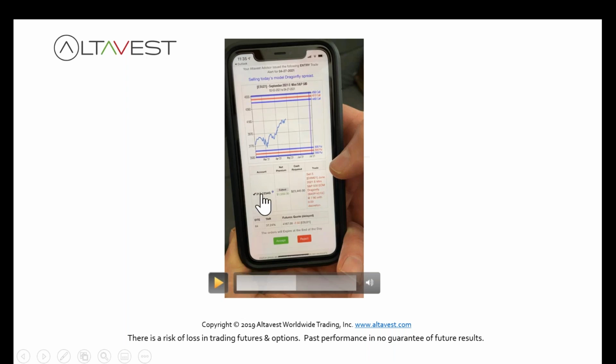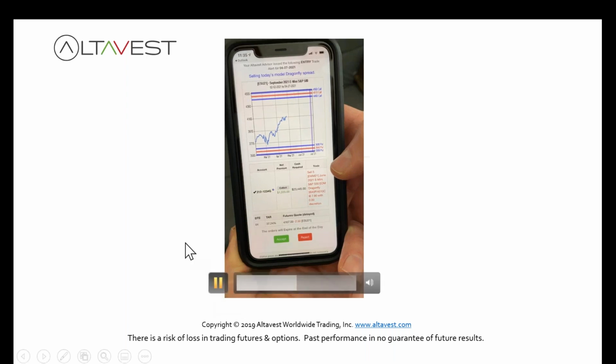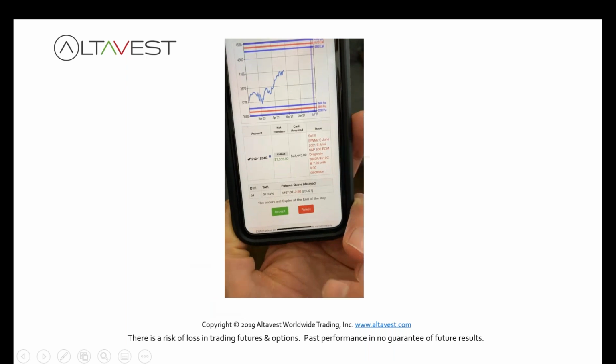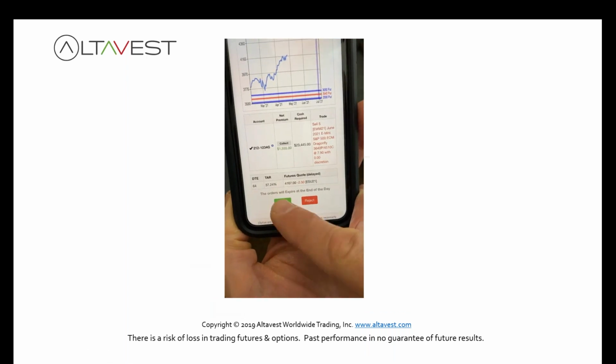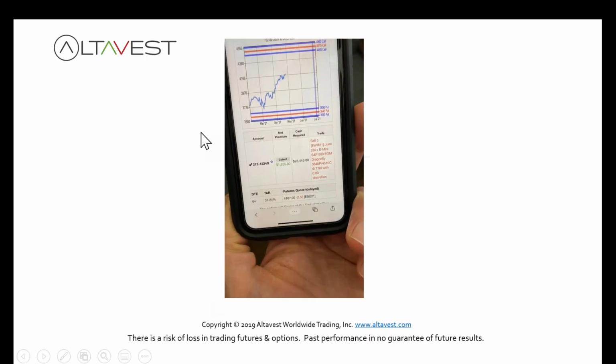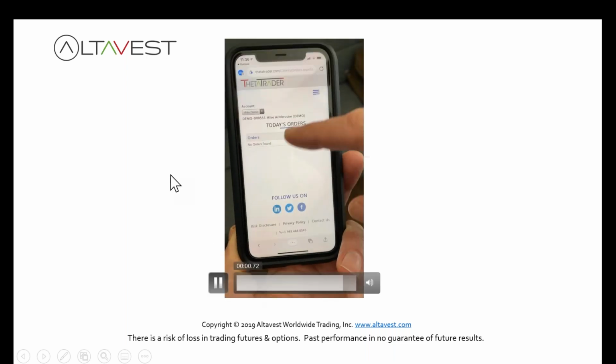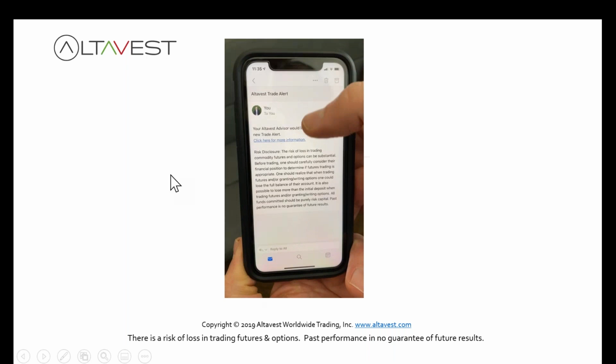So the quantity is already pre-sized for your account. Everything is done for you. And if you like what you see, you touch accept, and that's it. The order is transmitted. We'll do it one more time and I'll be quiet for a moment.